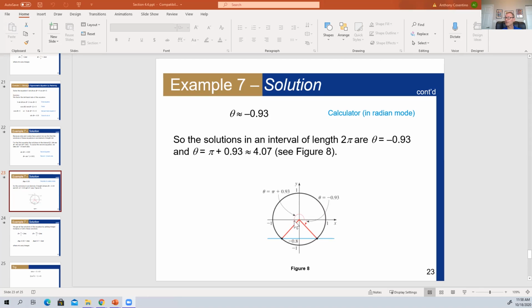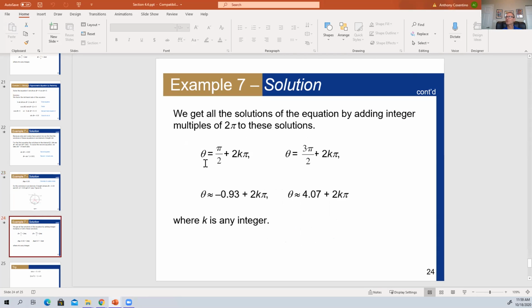And so this value here would be 0.93 radians with our right triangle going up to the negative x-axis. So you go all the way around, that's a pi, so that'd be 3.14. And then you add 0.93 and you get approximately 4.07. Remember, pi with 2 decimal points is 3.14.